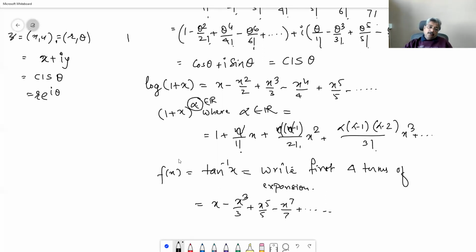Now, using this formula, f of r evaluated at c upon r factorial into x minus c bracket raised to r, sigma r greater than or equal to 0, we get the series expansion of f of x.